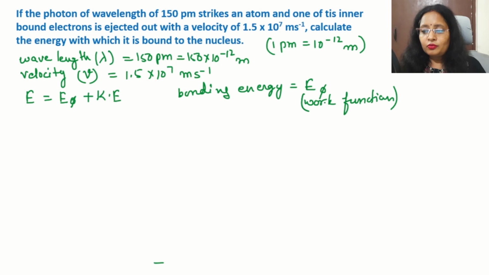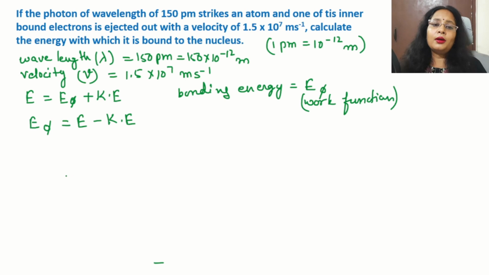So actually we need to find the work function in this question. We can write E naught is equal to E minus kinetic energy: total energy of the photon minus kinetic energy, we will get the work function or the bonding energy. So let's start with finding the energy of the photon.